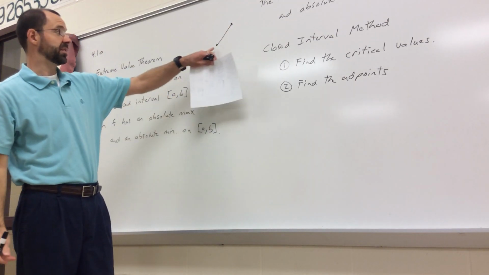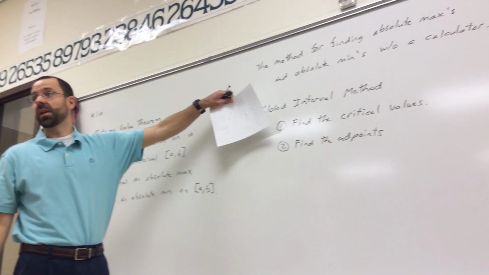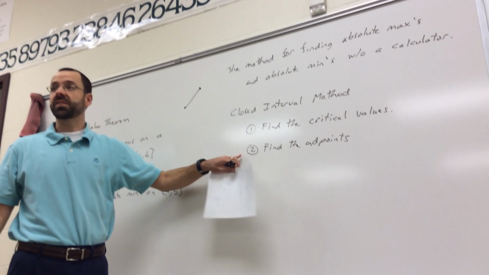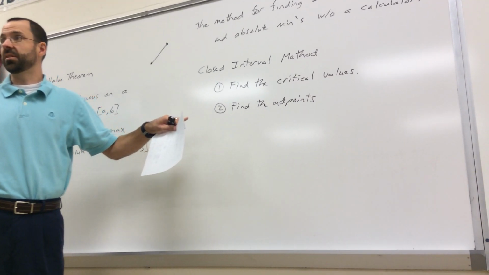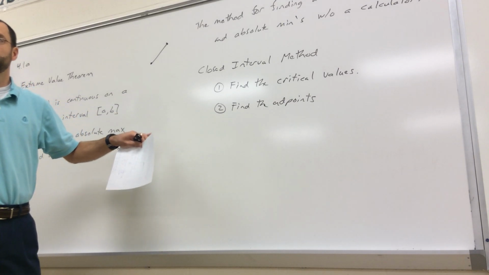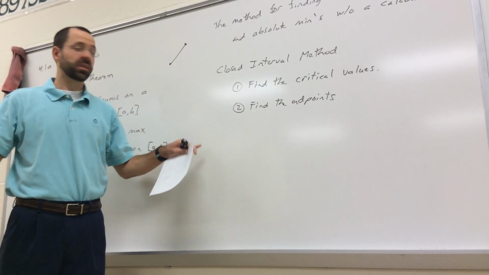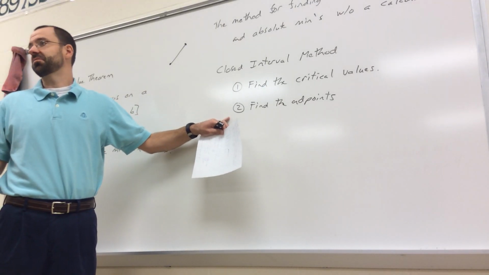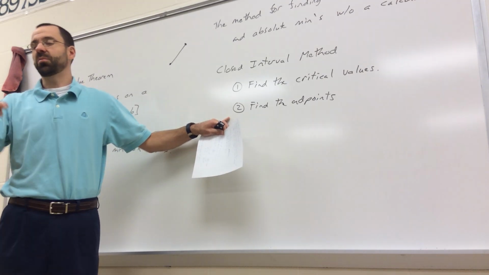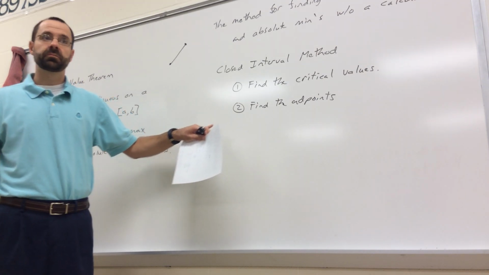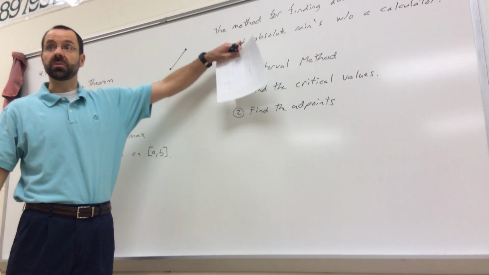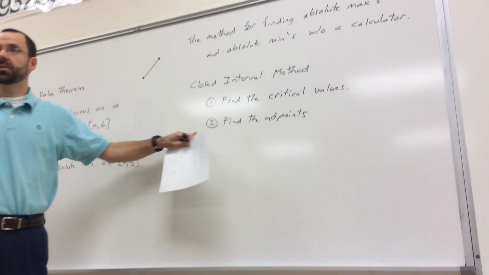Here, the absolute min is on the endpoint, and the absolute max is on the endpoint. So that's why this step is necessary. Now, if we were looking for locals, we wouldn't look at the endpoints, because endpoints can't be locals. But since we're looking for absolutes, the endpoints might be.